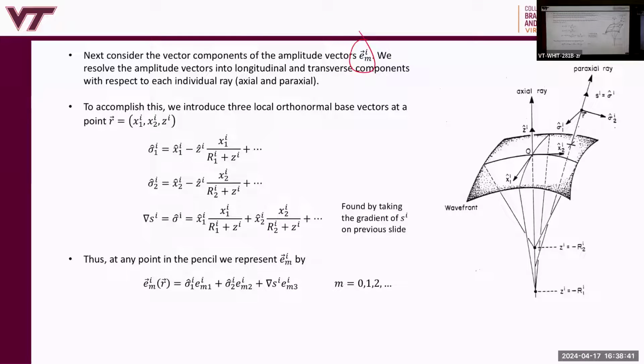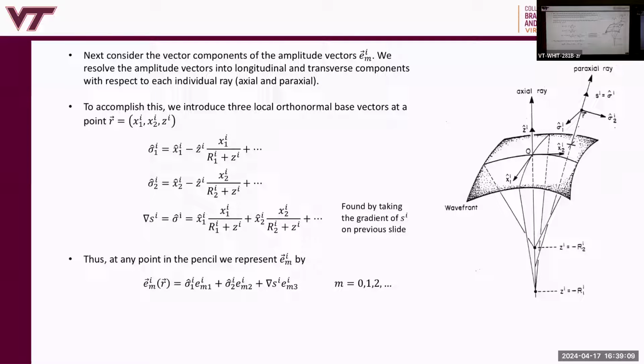We resolve the amplitude vectors into longitudinal and transverse components with respect to each individual ray. Now we're considering paraxial rays here as well, because we need to be able to describe the electric field vector at different points in this tangent plane. So to accomplish this, we introduce 3 local orthonormal base vectors at a point R.